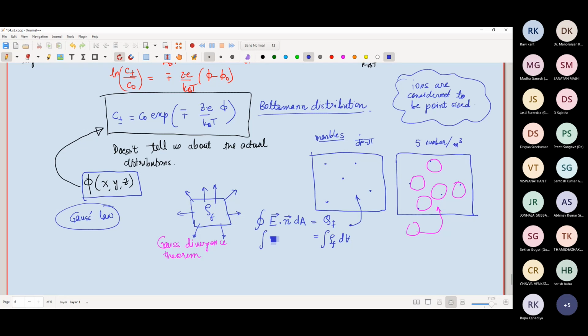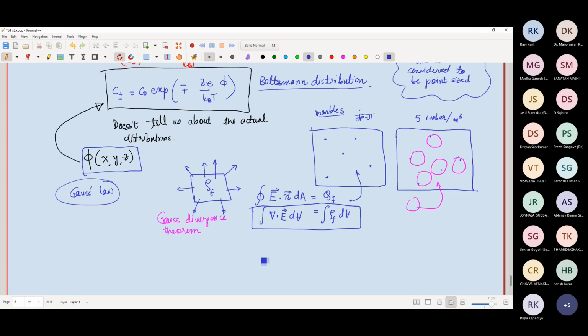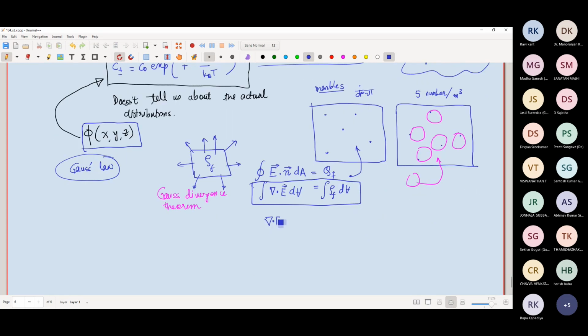So this will become the divergence of E over dV. Now because this statement is true for any arbitrary control volume, I can write this as the divergence of E is equal to the free charge.